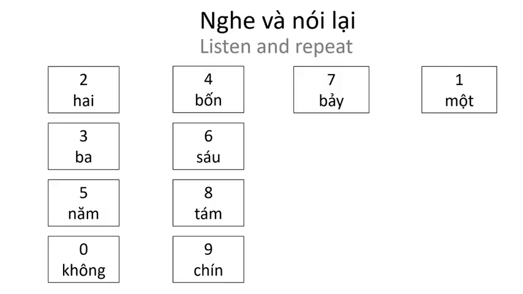Nghe và nói lại. Listen and repeat. Nói lại, meaning repeat. Nói, speak. Lại, again. So together they mean repeat. And you can see here the four tones we've just looked at and the numbers 0 to 9, which have been grouped into these four tones.